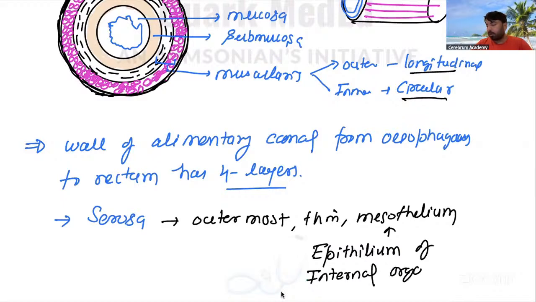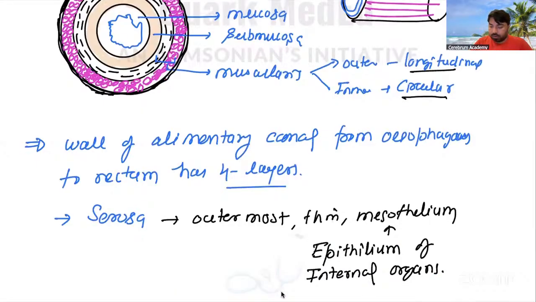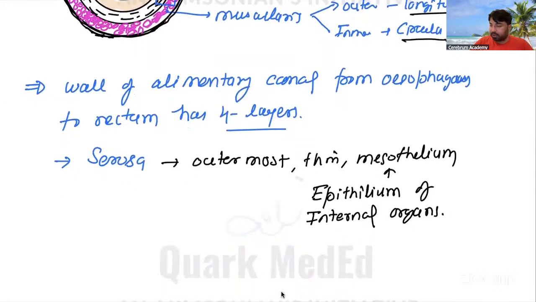Epithelium of internal organs is called mesothelium. Then after serosa, the second layer is muscularis.